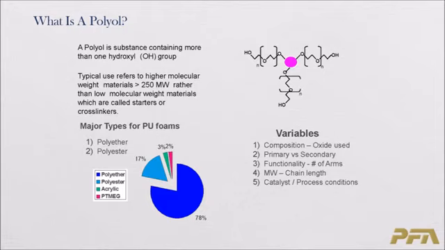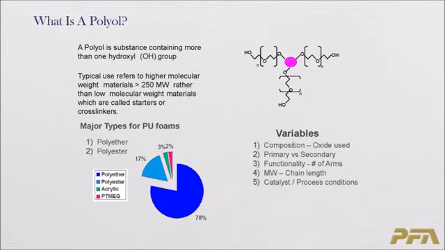So by definition, again, a polyol is just a substance with more than one hydroxyl group, and typically refers to materials with, say, a molecular weight that's greater than about 250. When it's small, low molecular weight, they're usually called cross-linkers or chain extenders or those type of materials. There's two main classes of polyols used in flexible foams.